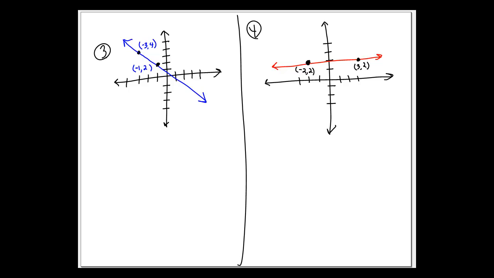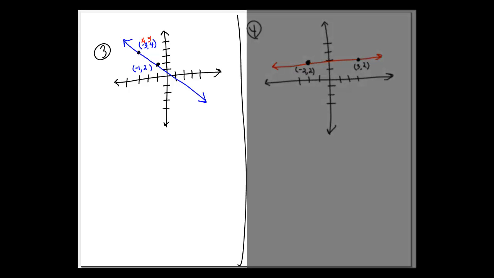Okay, example 3 and 4, we're going to be looking at graphs where you find the slope from the graphs given the points on the graph. So I labeled the points for you. So we're going to label these as x1, y1, and x2, y2. So I'll start with this one as x1, y1, and we'll label this one as x2, y2.